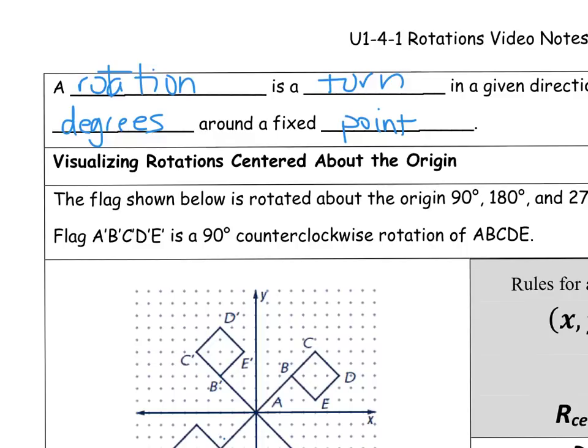And for the purposes of our notes today, that fixed point is going to be the origin of the coordinate plane. So the flag shown below is rotated about the origin 90 degrees, 180 degrees, and 270 degrees. Flag A, B, C, D, E is the pre-image, and then flag A prime, B prime, C prime, D prime, E prime is a 90-degree counterclockwise rotation of A, B, C, D, E.